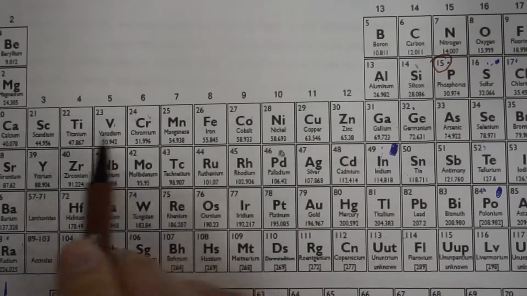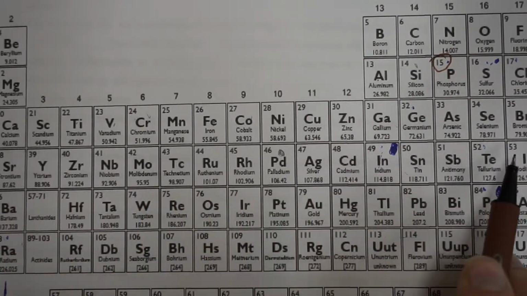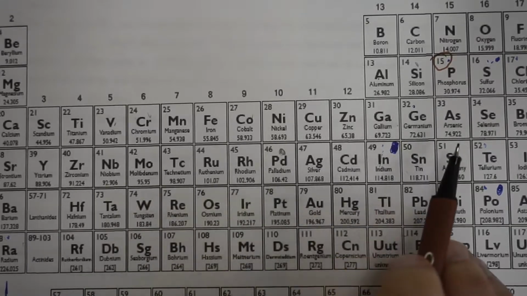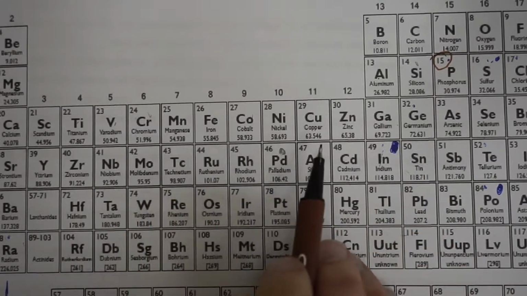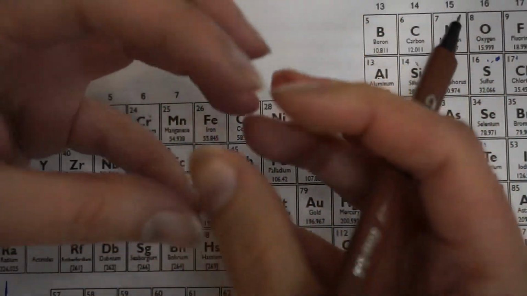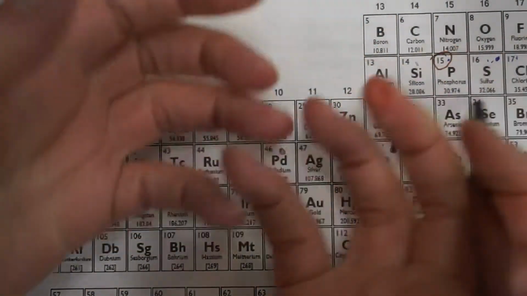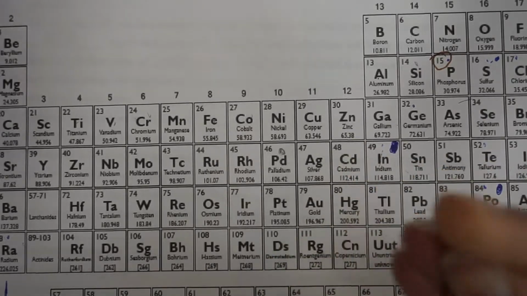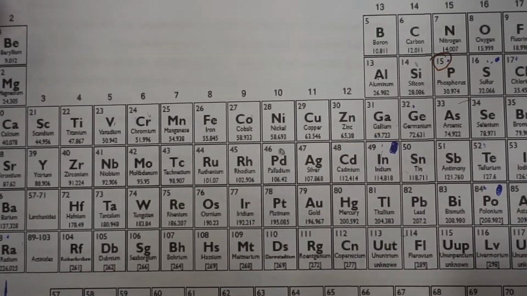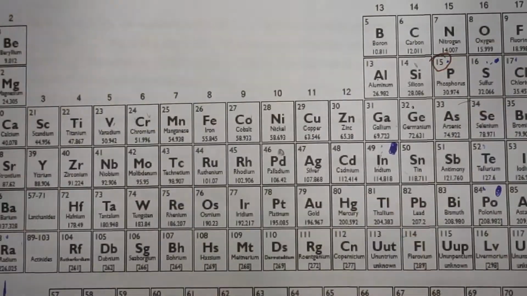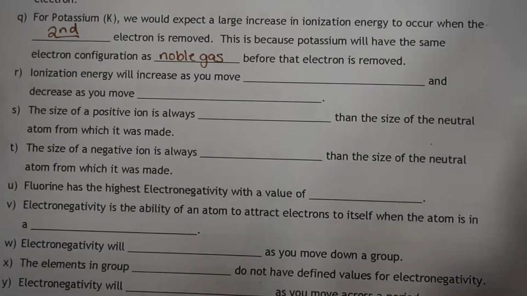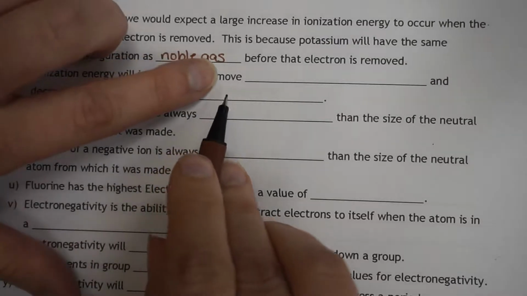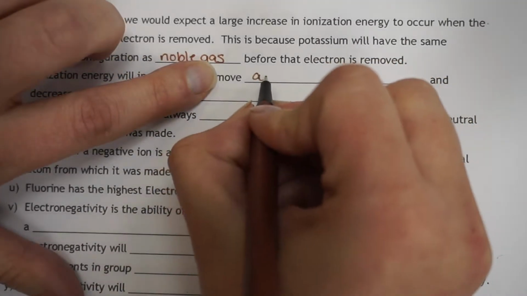If you move across the period, the trends are changing because you are increasing the number of protons. If you are increasing the number of protons, those electrons are more attracted towards the nucleus, pulled in more closely. So it's going to be harder to take those electrons away because they are closer to that nucleus. So ionization energy will increase as you move across the period.